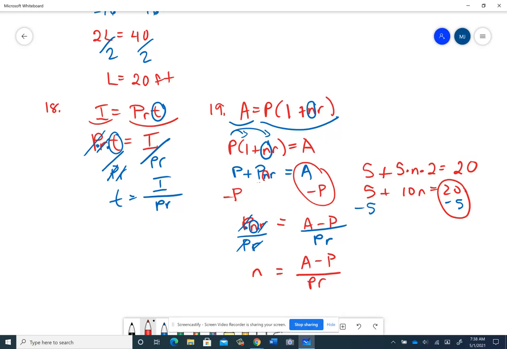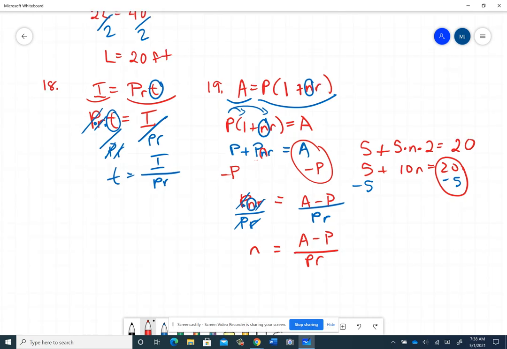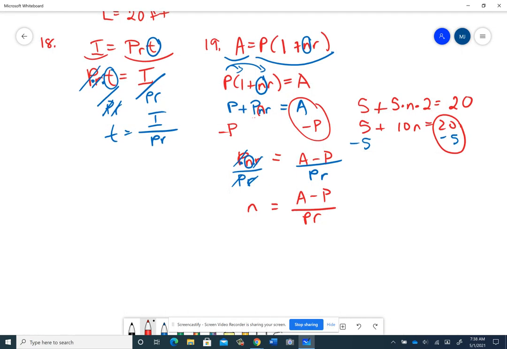Okay. And I want to look at one more that comes from the slope unit, because we're having a lot of trouble with something that's really that very skill. On problem number 32, you're asked to find the slope. And what they do is they give you an equation that's in standard form.